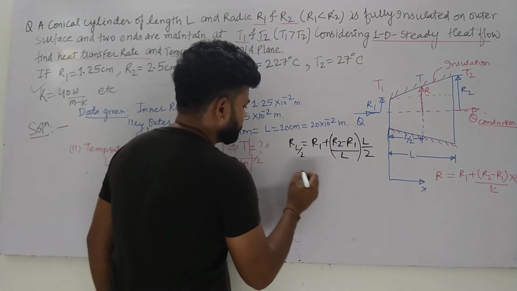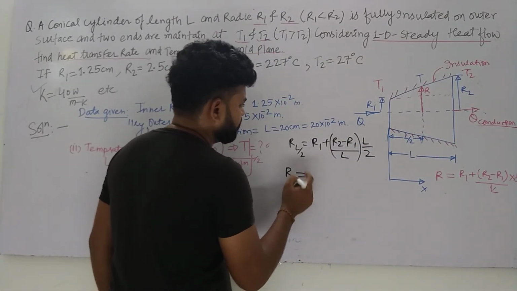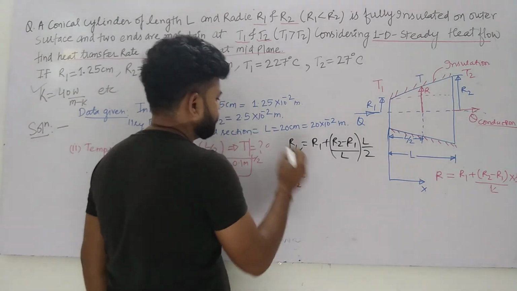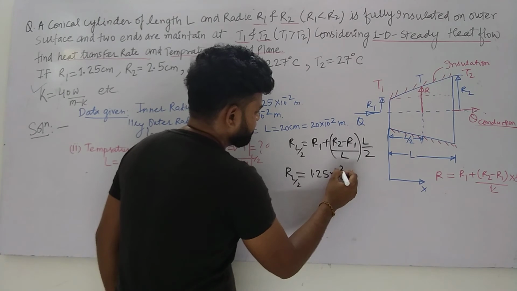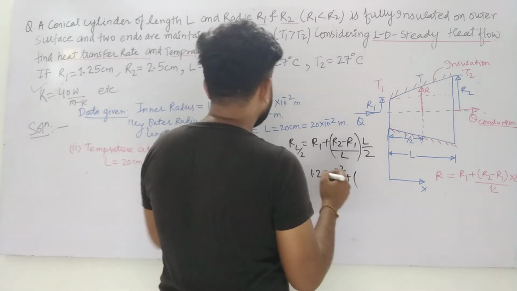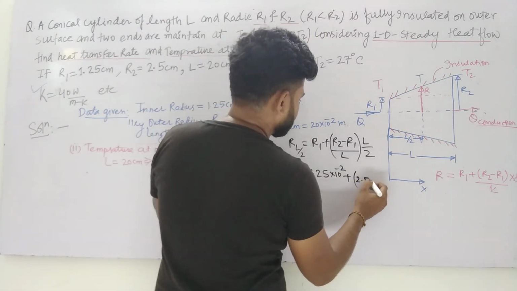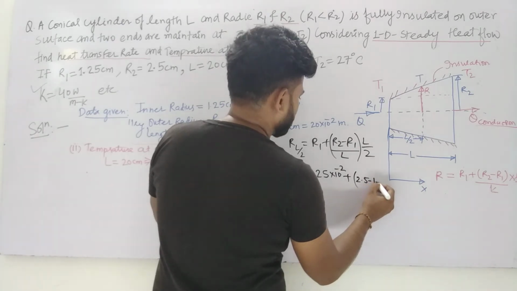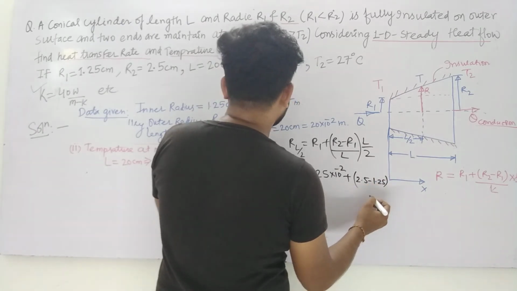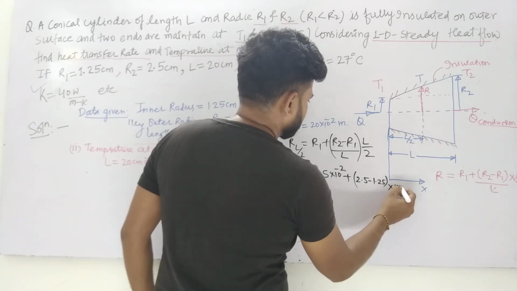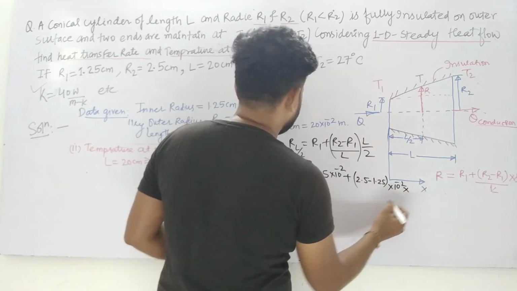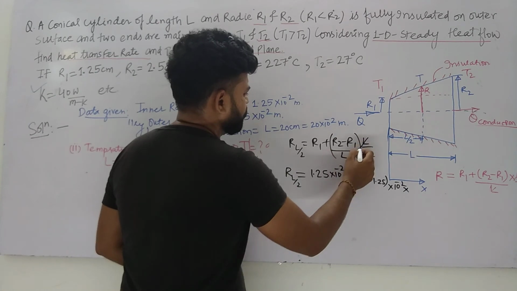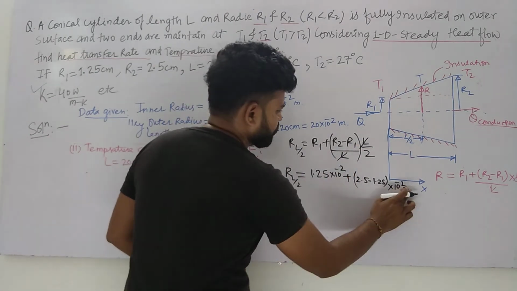So what is your R1, my dear students? R1 is given to be 1.25 into 10 to the power minus 2 plus what is R2 minus R1? So that is 2.5 minus 1.25 multiplied by 10 to the power minus 2, again multiplied by L by 2. So L will go, you don't have to take it. So this will become half.